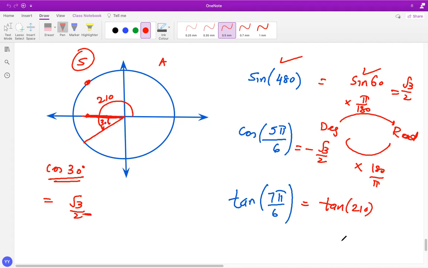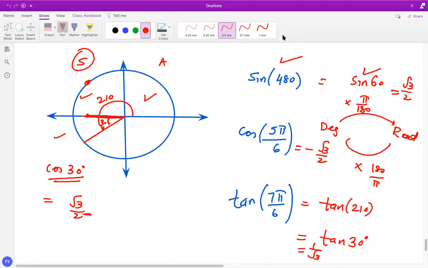So tan of 7 pi by 6 is going to be the same as tan of 30 degrees, but is it positive or negative? In ASTC, here tan is positive. So that's going to be square root of 1/3. Tan 30 is 1/√3. So this is how you do the basic ratios of the angles that are not in the first quadrant.